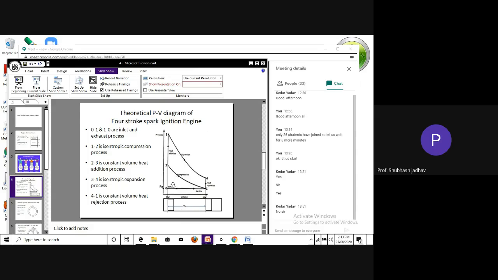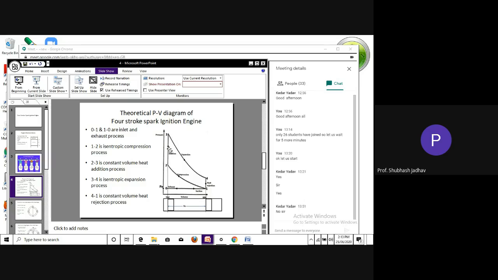So now we have 3 lines. 0 to 1 was the suction, correct, when the piston was moving from TDC to BDC. Then 1 to 2, the piston was moving from BDC to TDC, that was the compression stroke, wherein whatever trapped gases was there has been compressed, and therefore pressure was increasing from here to here and volume was decreasing, correct?